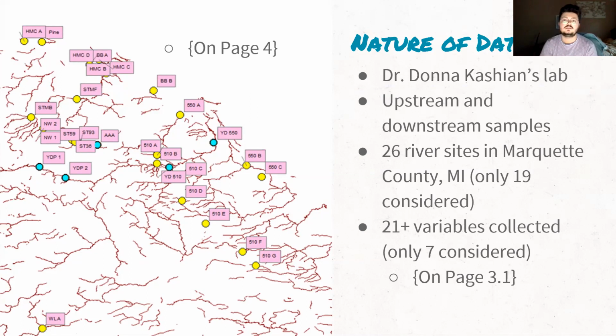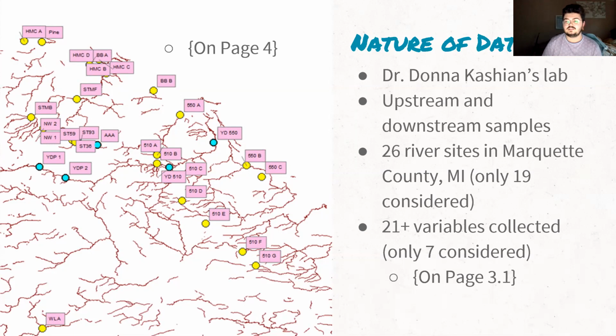Dr. Kashian is a professor in Wayne State University's Biological Sciences Department, and I have the wonderful opportunity to work with her. I've been working with her since July 2019 on both field efforts and data efforts for her data that spans over 10 years, so I'm fairly familiar with the data sets. If you have any questions, let me know.